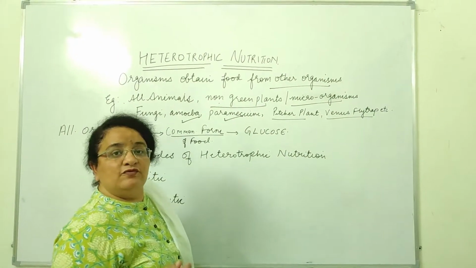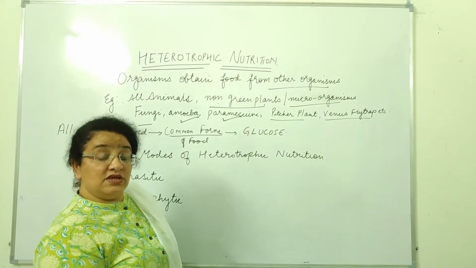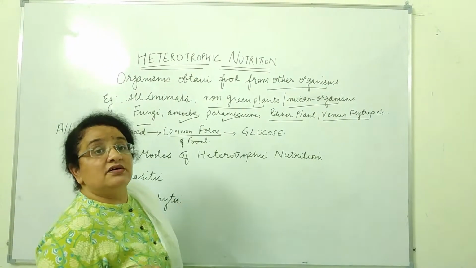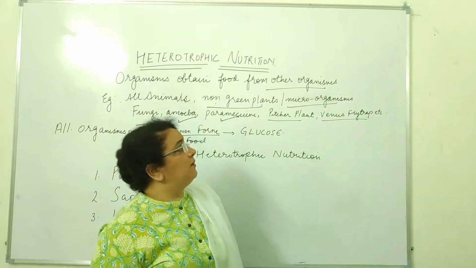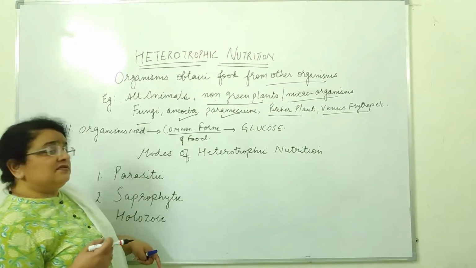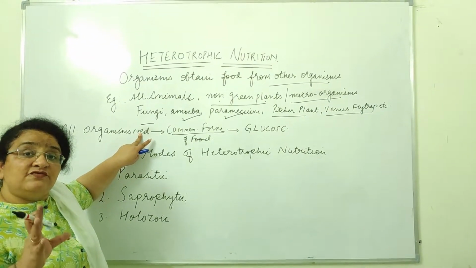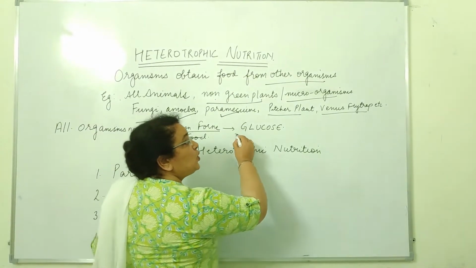They cannot make their own food, so they are heterotrophic in nutrition. It means they obtain food by catching insects, and that's why they are known as insectivorous plants.